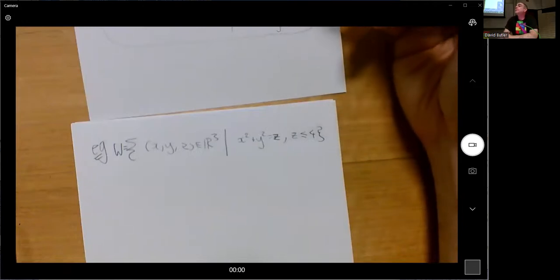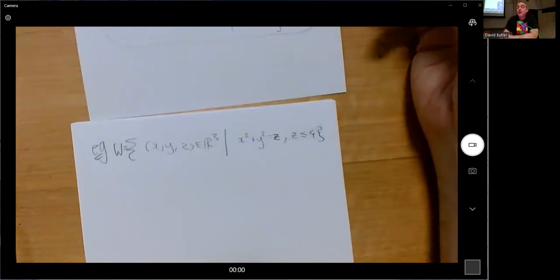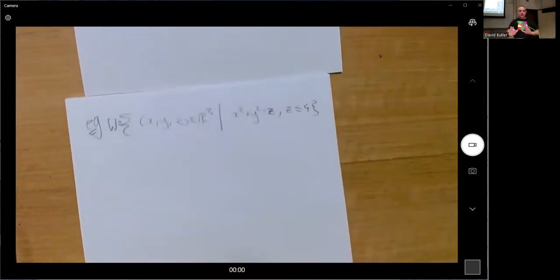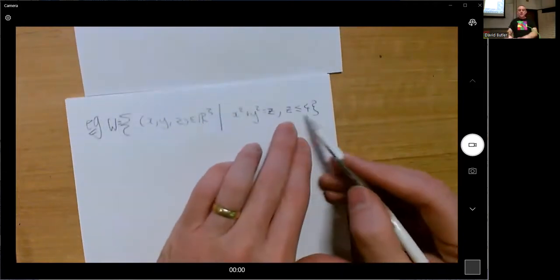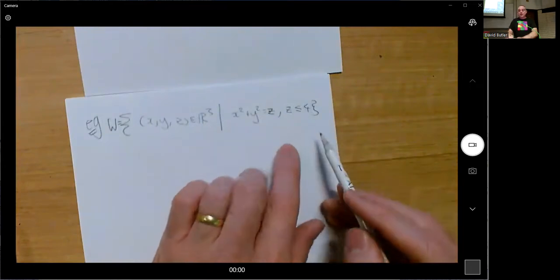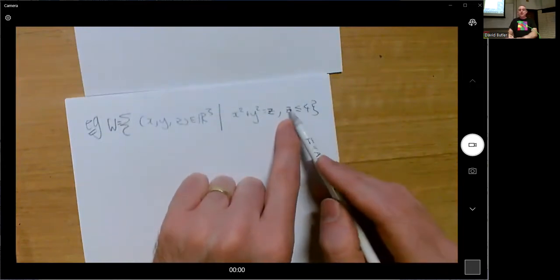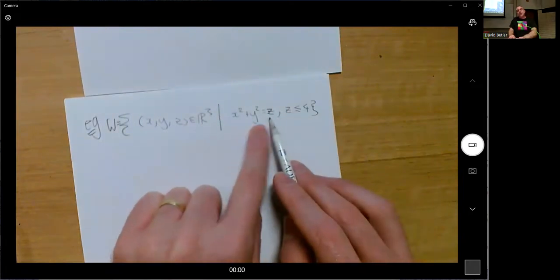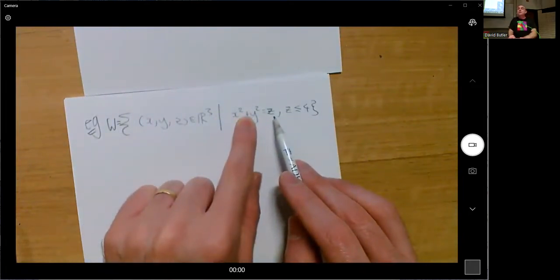Yeah, I mean, it might be. Well, let's just draw some pieces of it. So here we go. The fact that z has to be less than or equal to 4 tells me that z is being chosen, and then from that I have information about what y's and x's are chosen.